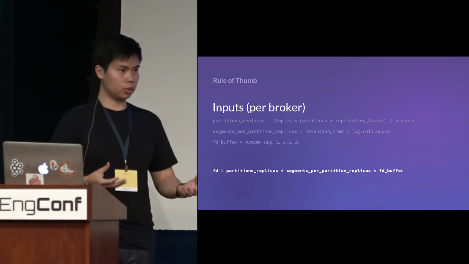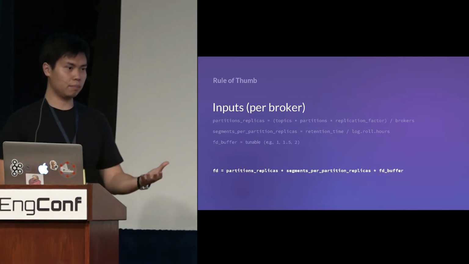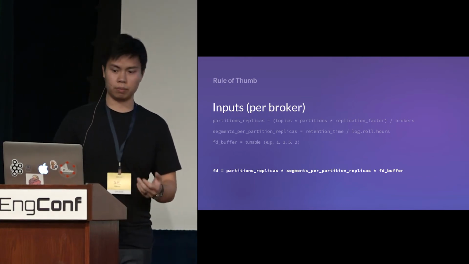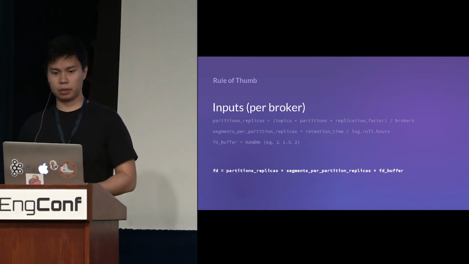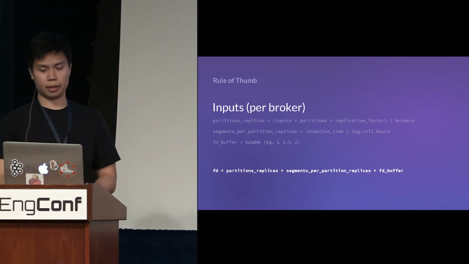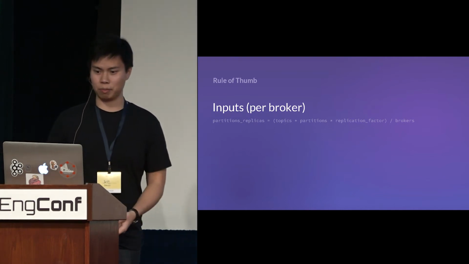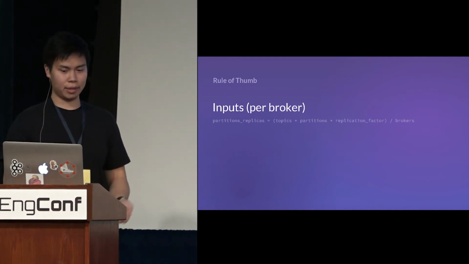You come up with those two results, multiply them together, multiply again by a buffer, in this case 1.5, and then you get your configuration. So we did exactly that. But our brokers were still not able to boot, not yet anyway.